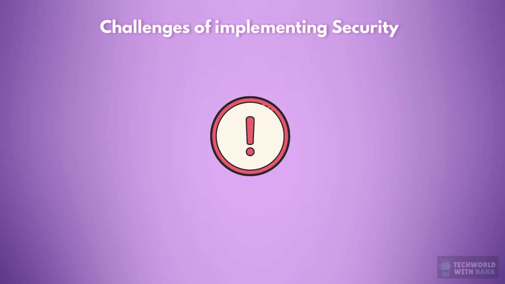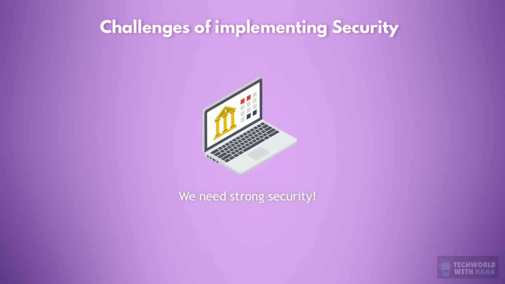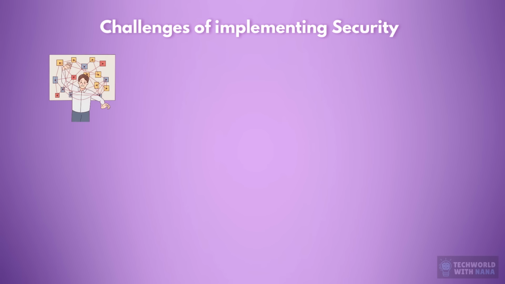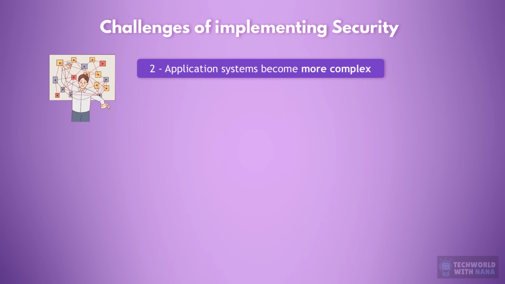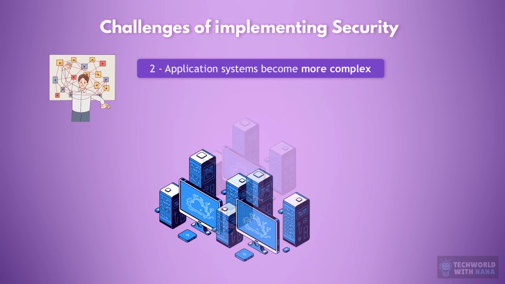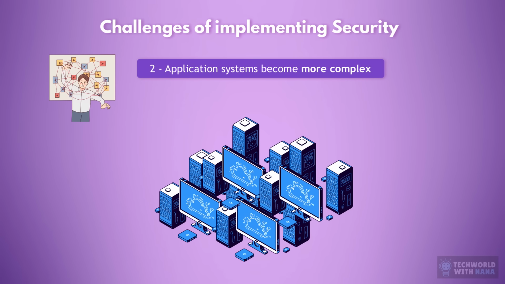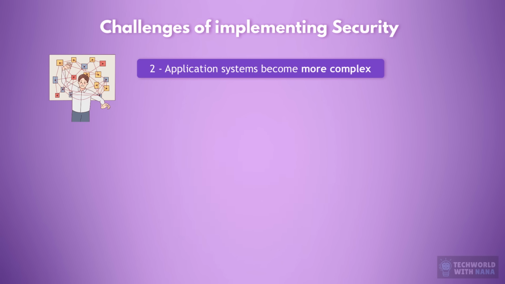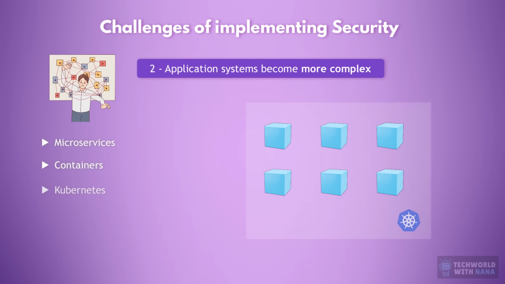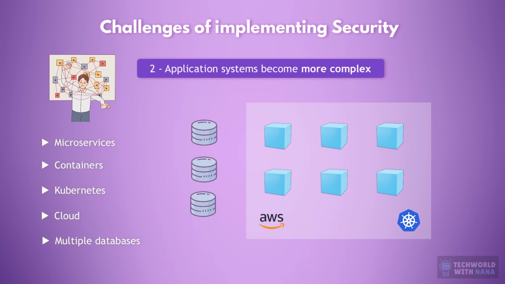The second issue is even if you and your team are dedicated to implementing great security, you still have a challenge because the application systems themselves are becoming more and more complex. Think about the modern tech stack in our application systems. We have a large containerized microservices application that is running in a Kubernetes cluster on the AWS cloud platform using tons of different AWS services with data persistence in 10 different types of databases.